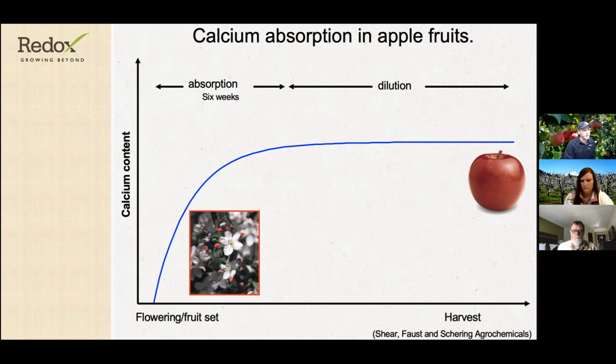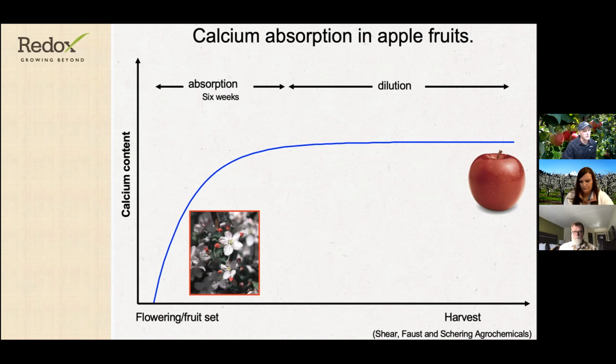So what we really like to do is focus on getting calcium into the fruit through the xylem early. We're focusing our efforts on just the first couple of weeks after bloom. We would actually start applications pre-bloom and try to do increased applications during that first 2 to 3 week period following bloom.